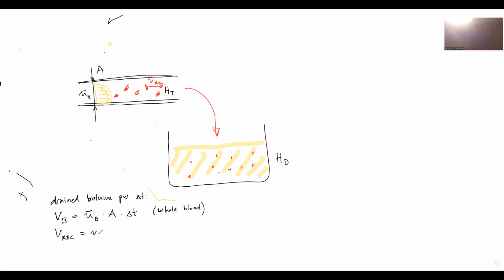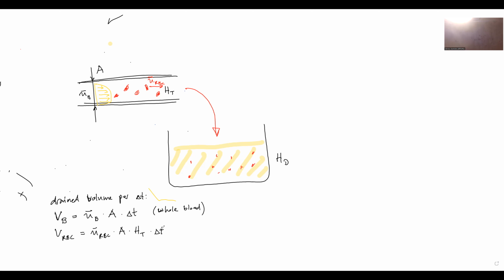Then the volume of drained red blood cells will be U_RBC times cross-section A, but now we need to be careful. It's not the whole cross-section A that will be filled with red blood cells, but only a ratio of the cross-section, and namely that's the ratio HT. If the tube hematocrit is 50%, only 50% of the cross-section will be red blood cells, the other 50% will be plasma. And then again, times delta T.